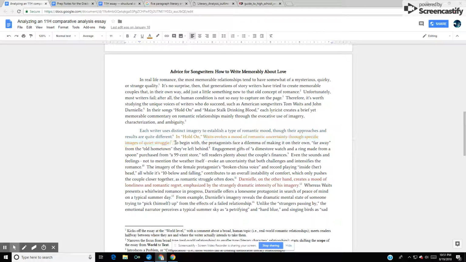So this is different than simple summarizing of the story, because this whole entire section and all the quotes in it are providing evidence and explanation and justification that this is a good conclusion or a good claim.